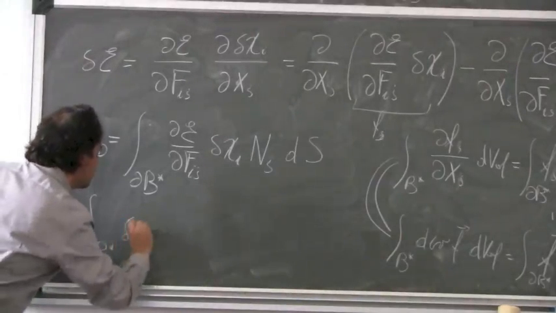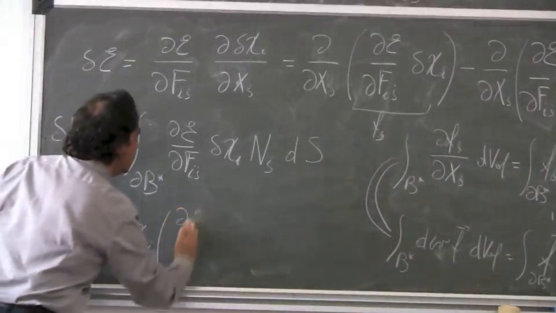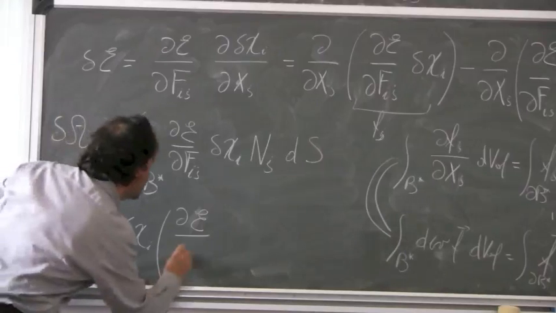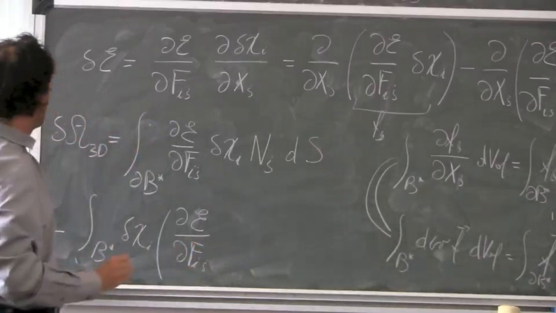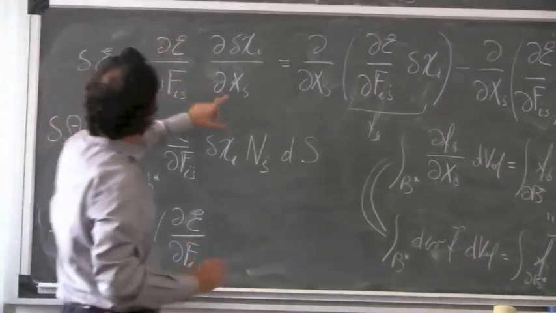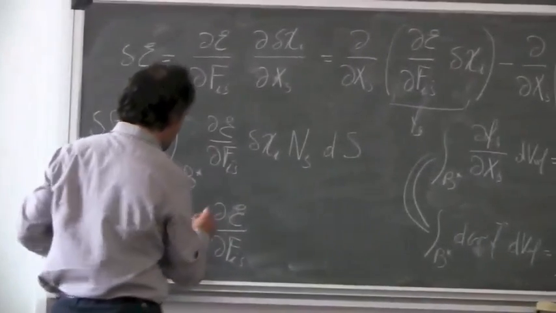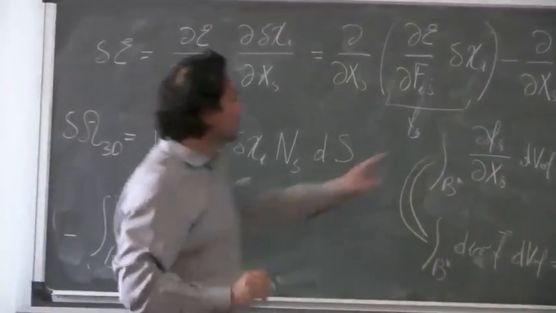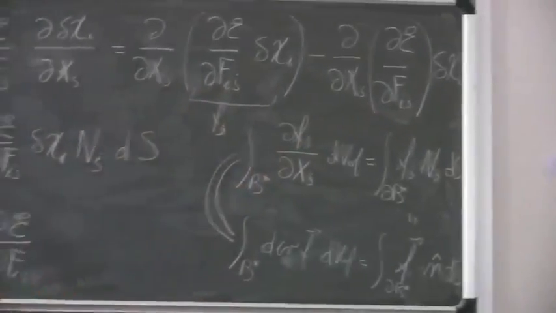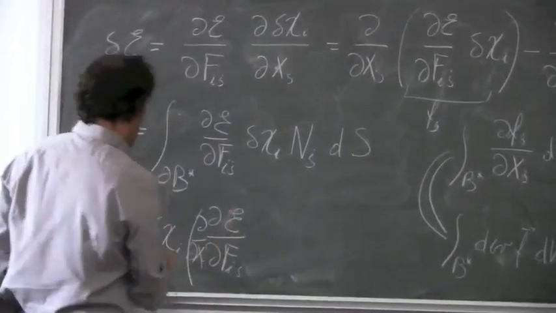So we have delta xi multiplying the derivative over xj of the derivative of E with respect to Fij.